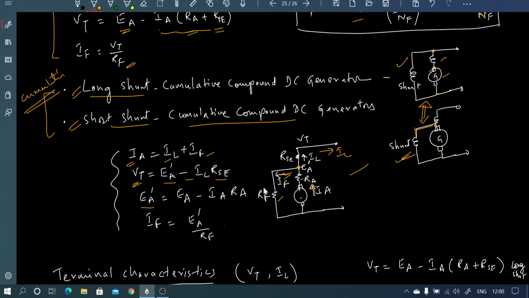EA dash is equal to EA minus the armature resistance drop. And IF is EA dash by RF. So these equations govern the short shunt cumulative compound DC generator.